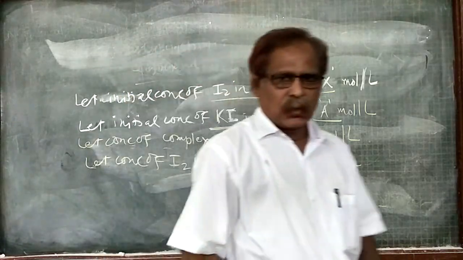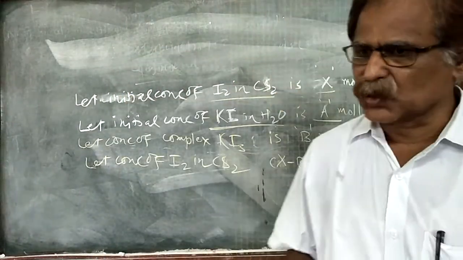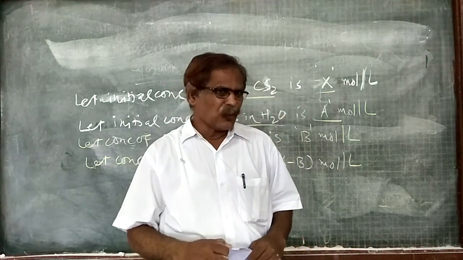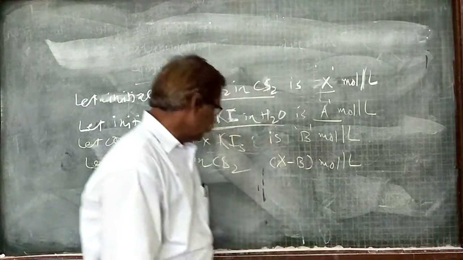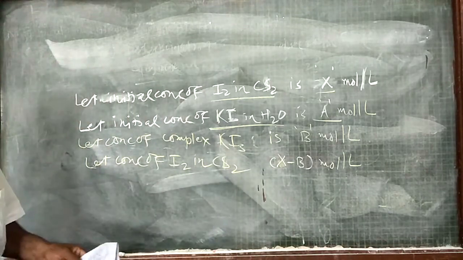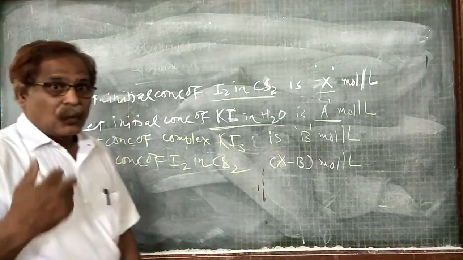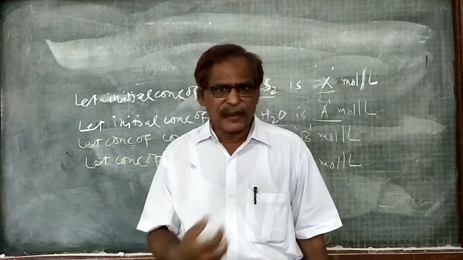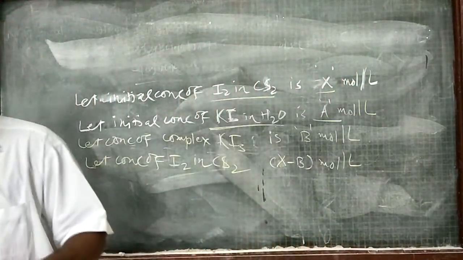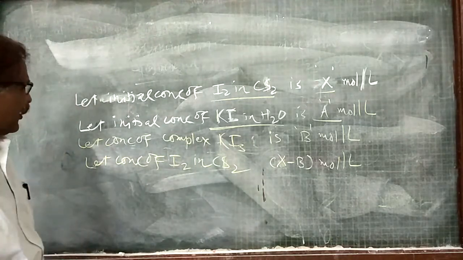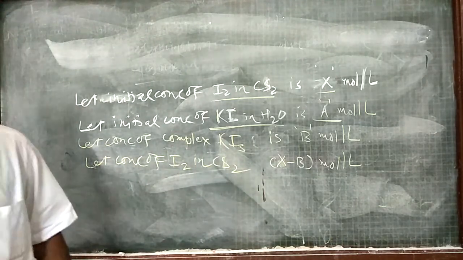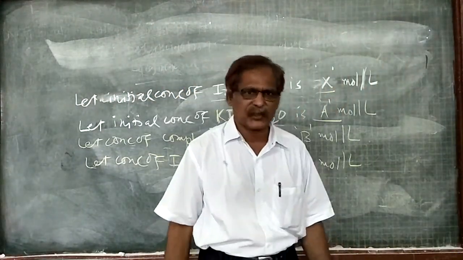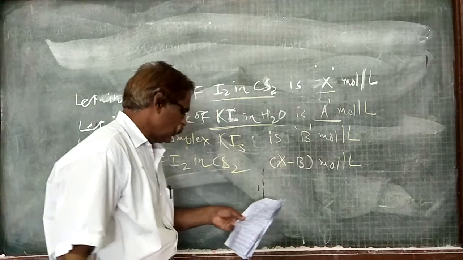Once we understood this, let us see how we can find the concentration of free iodine in the aqueous layer. The concentration of free iodine in the aqueous layer will be obtained from the partition coefficient of iodine between CS2 and H2O.